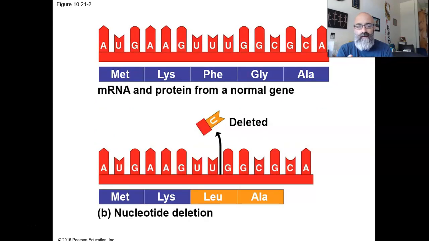Now, we can also experience what's called a deletion. So we're focusing on this codon here, UUU, and what happens is one of the U's gets deleted, and so what we see is a whole shift. We're losing one of our nucleotides. We're losing one of our bases.